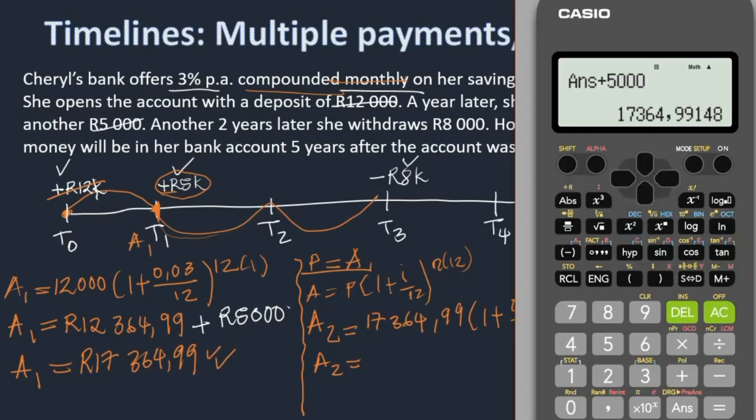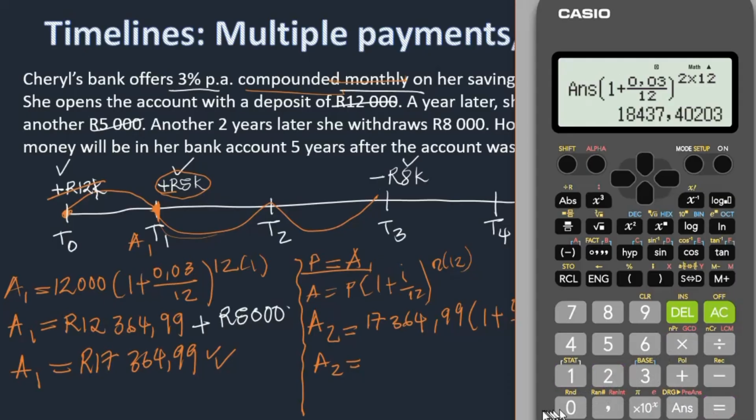pull out a calculator. I'm taking this amount now, this answer. I'm going to say 1 plus 0.03 over 12, raised to 2 years times 12.